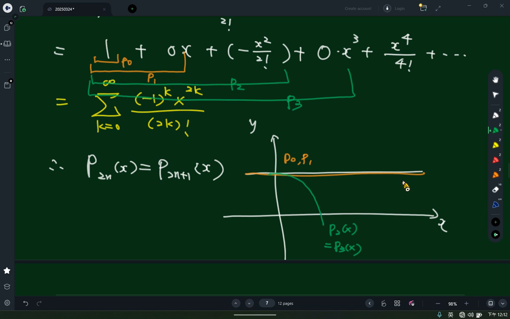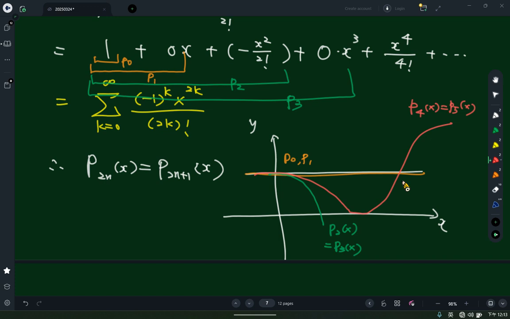So as we consider more terms, for example, this is P4, which will be P5. So you can see, as we consider more terms, it will become more like the shape of cosine x. Cosine x should be just like this one, right? So when we consider more terms, the shape will become closer to the curve of cosine x.